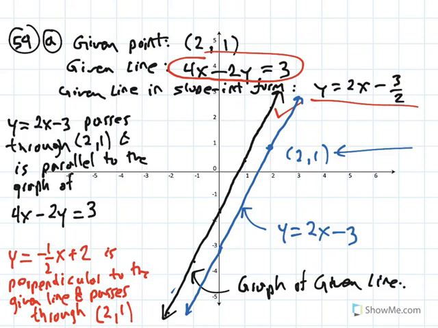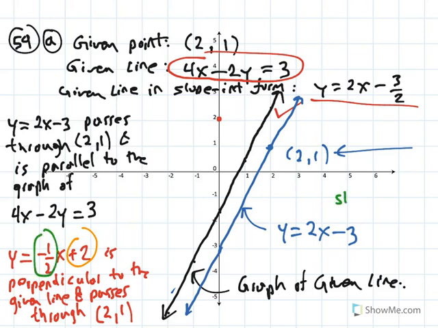So although we were not asked to graph the line perpendicular to the given line passing through 2, 1, we can go ahead and do that. The equation is y is equal to negative 1/2 x plus 2. You can see that the y-intercept is 2, so I'll go ahead and plot the y-intercept here. And the slope is negative 1/2.